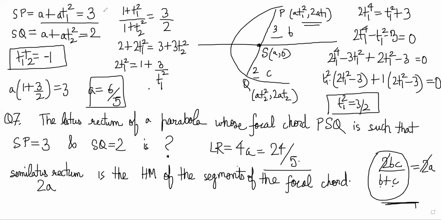So what do we need to prove? A plus AT1 square. What we need to prove is 2A is HM of this. So B, 2A and C are in HP, right? So 1 by B, 1 by 2A and 1 by C should be in AP, right?